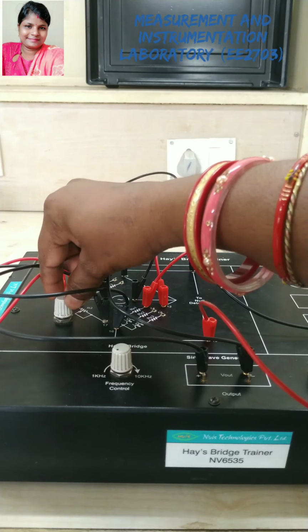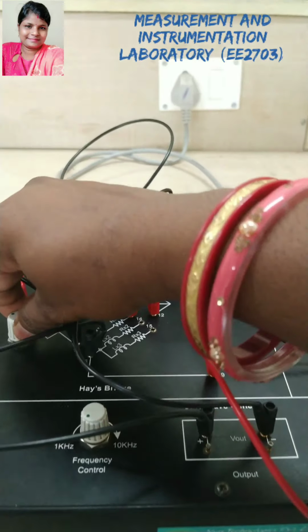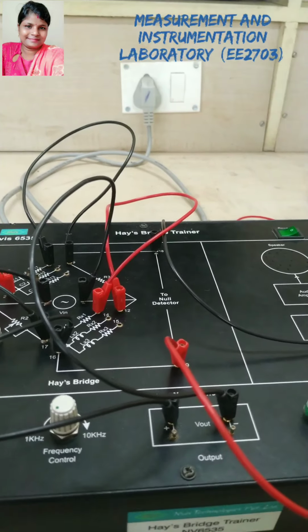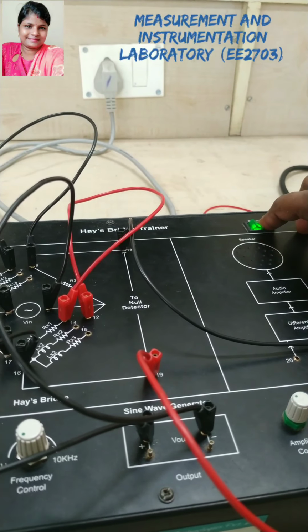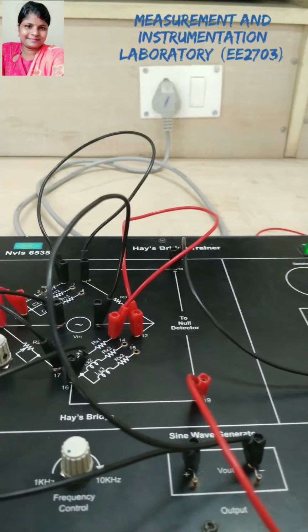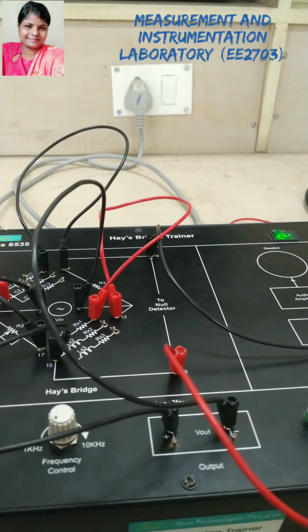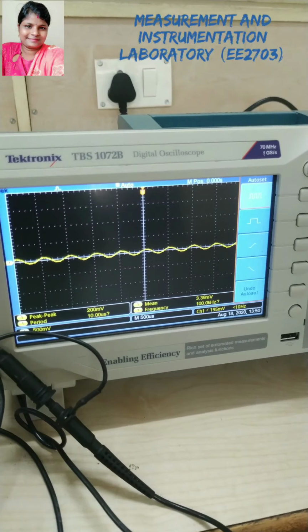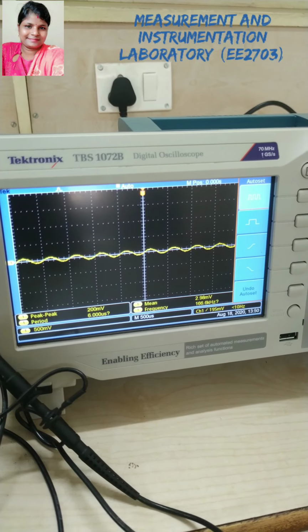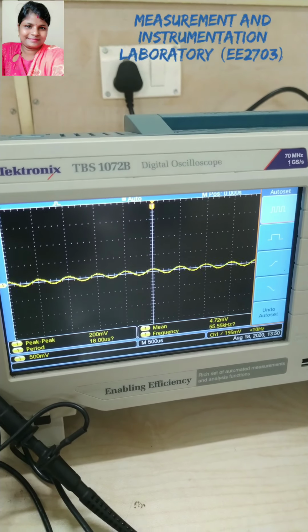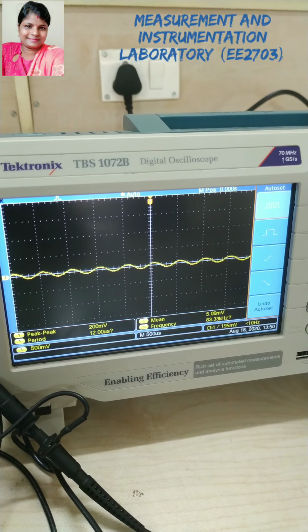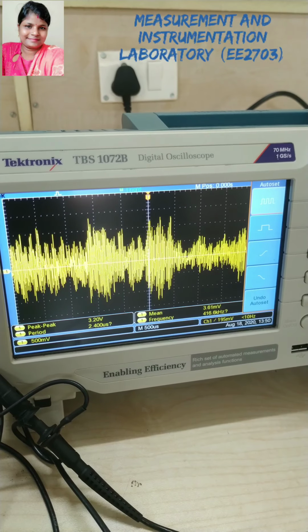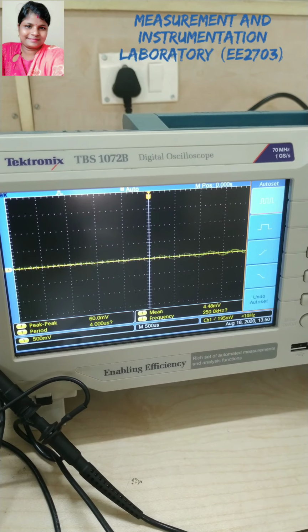So the R2 must be in minimum position. Switch on the power and check the value of the null detector peak to peak voltage, where the peak to peak voltage is minimum.